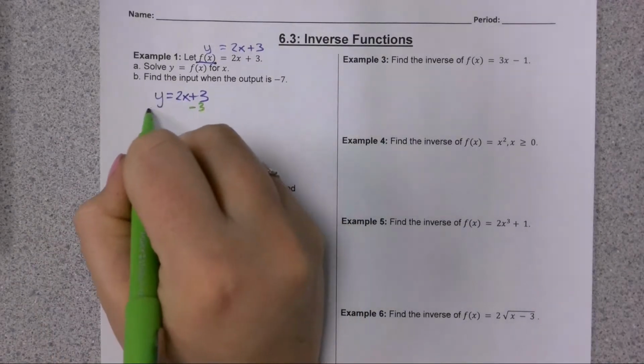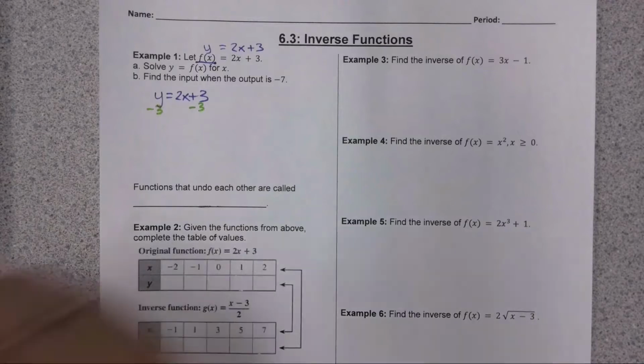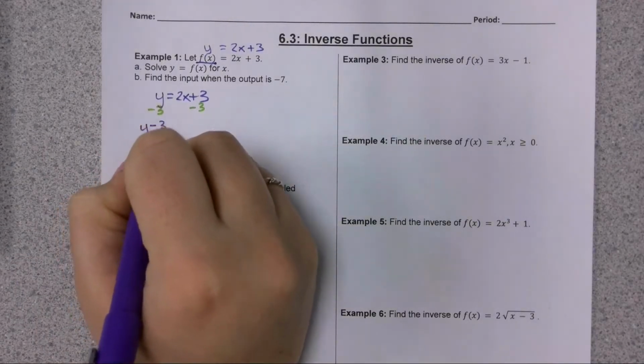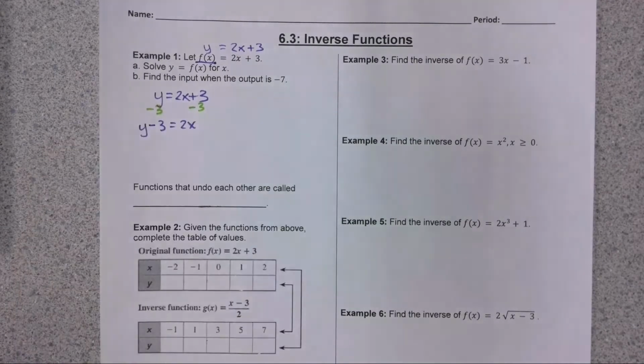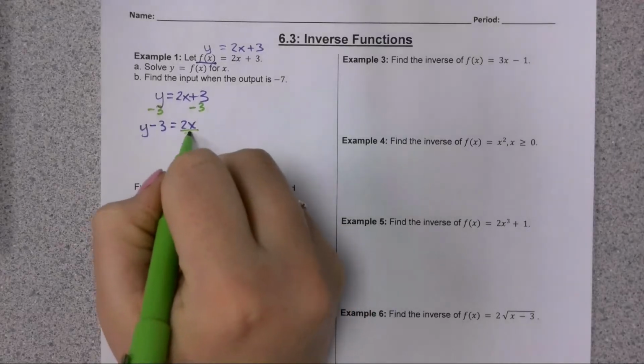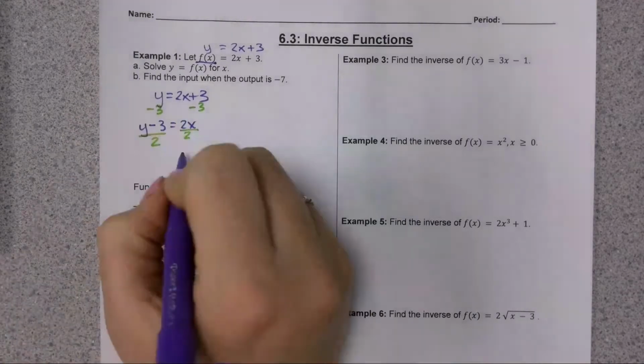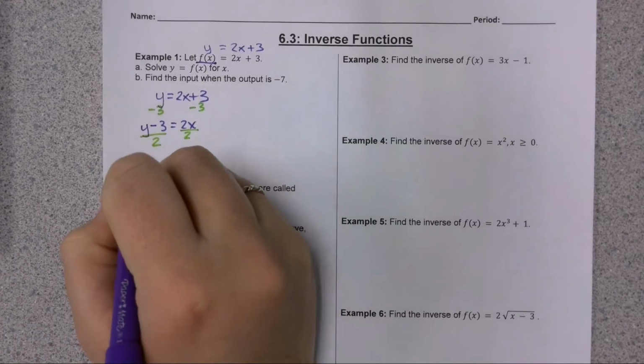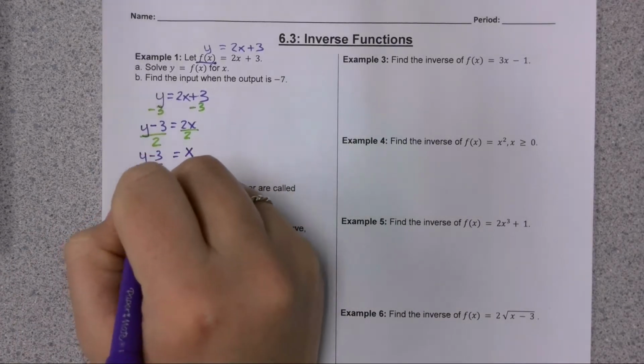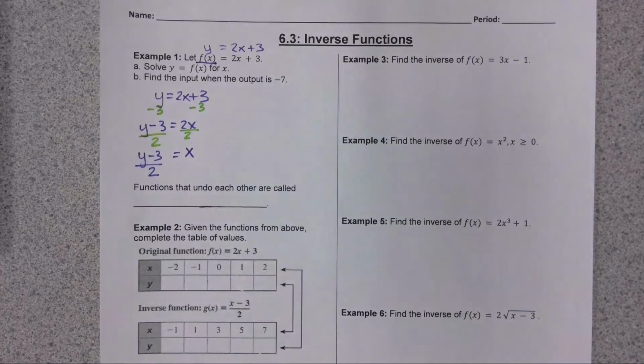So we're going to subtract 3 from both sides, which gives us y minus 3 equals 2x. Can't have the 2 over there, so we're going to divide each side by 2. And we're going to get x is equal to y minus 3 divided by 2. And so we've solved our function for x.